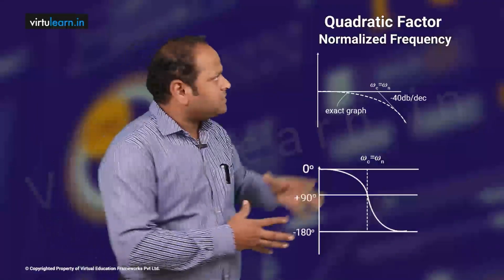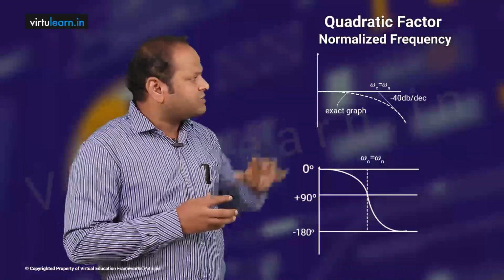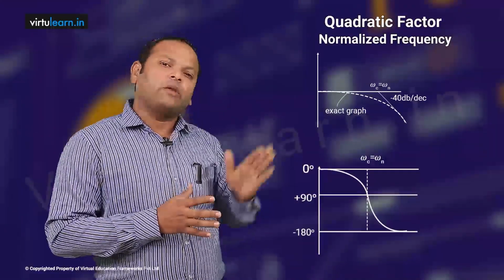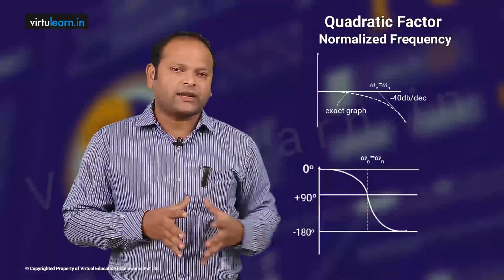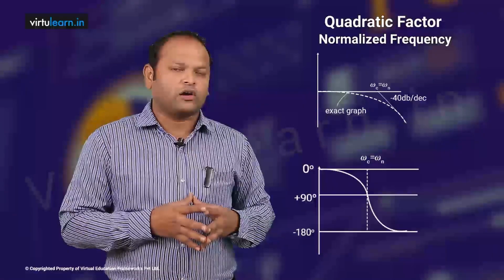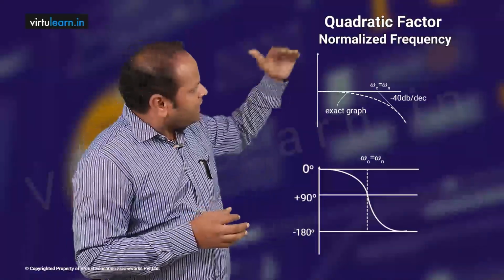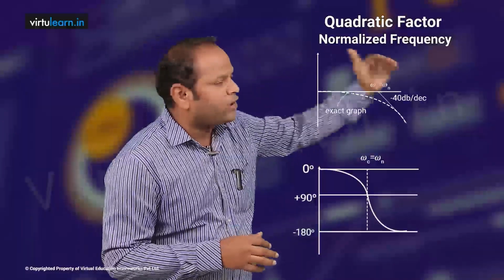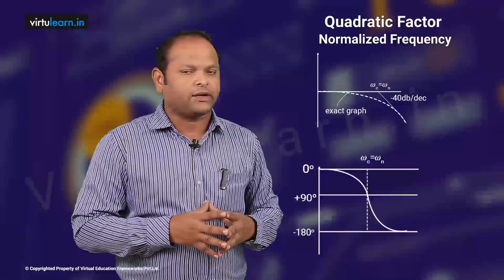Then we can summarize all these explanations and analysis into a single table, and if you remember the table, that is enough to solve the problems and draw the magnitude plot on a semi-log graph sheet. Now what is the summary? I am taking the term and the corresponding slope, because slope plays a very important role in the magnitude plot.